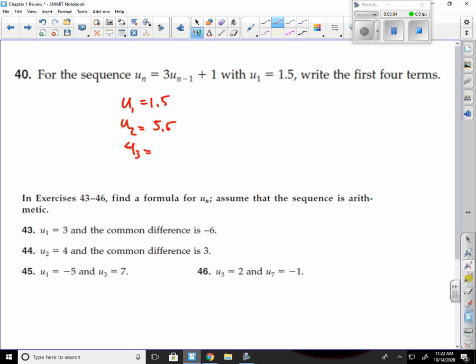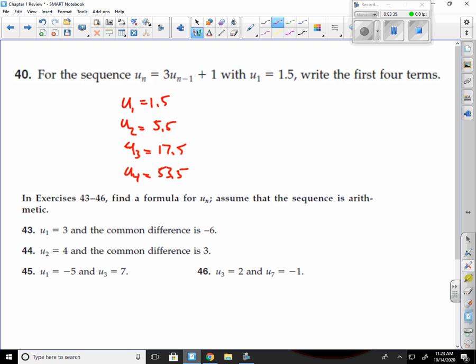U sub 3 would be 3 times 5.5, which is 16.5, plus 1, so that would be 17.5. And u sub 4 would be 3 times 17.5, which is 52.5, plus 1, which is 53.5. Those are my first four terms.